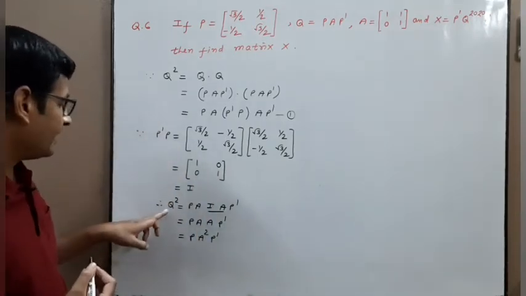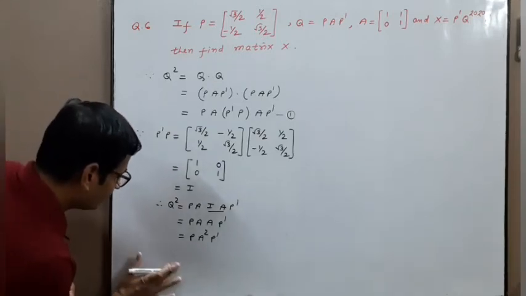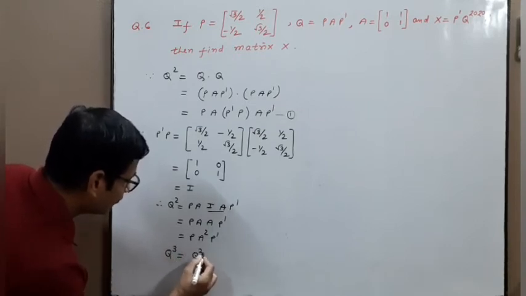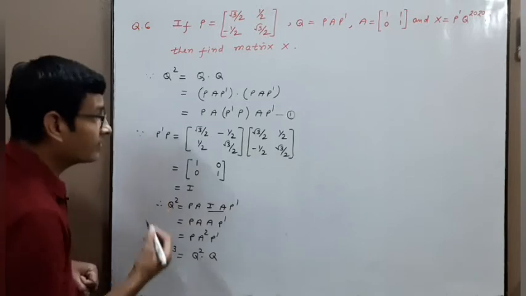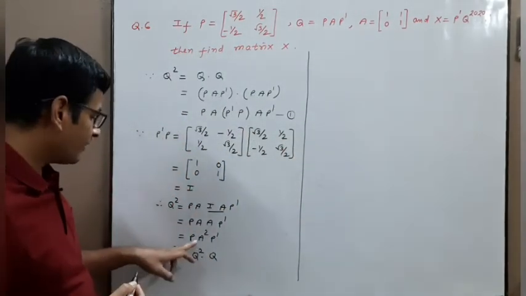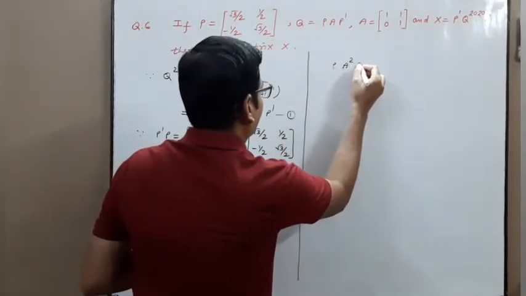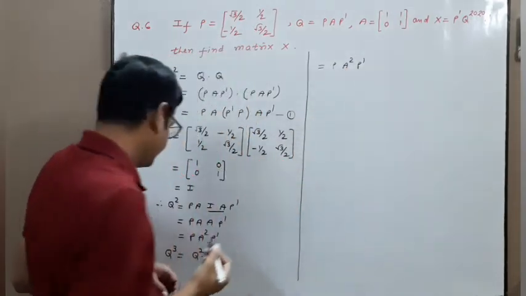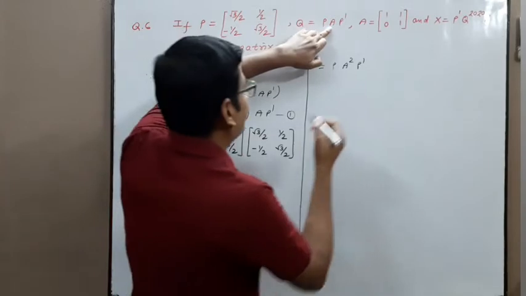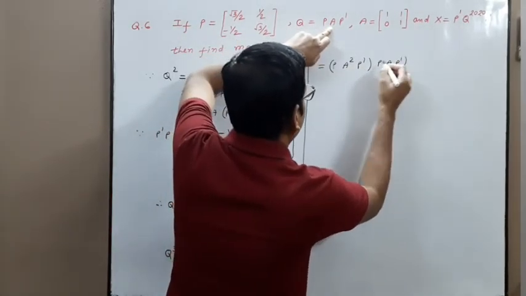Now similarly find Q cube. Q cube we can write as Q square into Q. Now tell me the value of Q square, P A square P dash, into Q. Q means P A P dash, P A P dash.